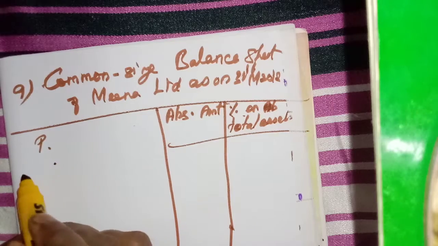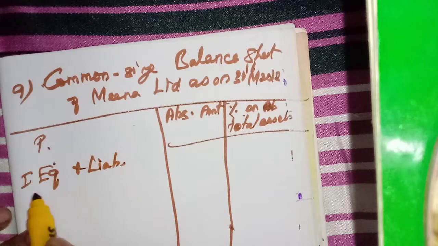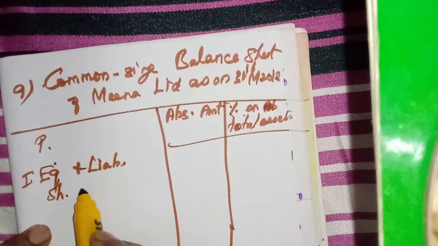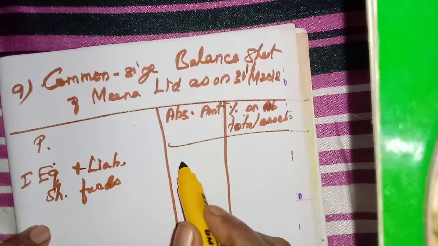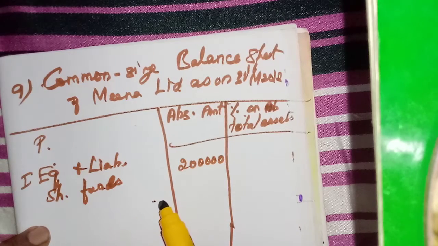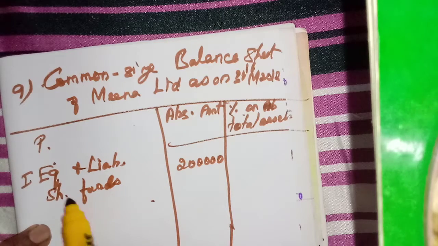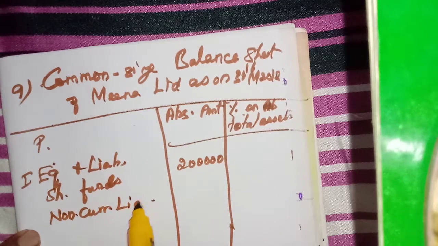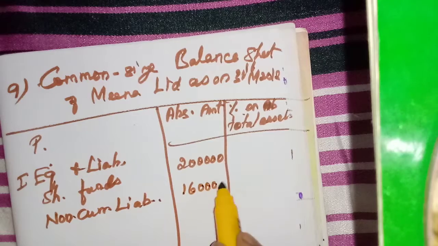Okay, what is given? Roman number 1, equity and liabilities, right? Then shareholders funds, you have to write fully. Okay, 2 lakh, 2 lakh here. Then non-current liabilities, non-current liabilities 1,60,000.